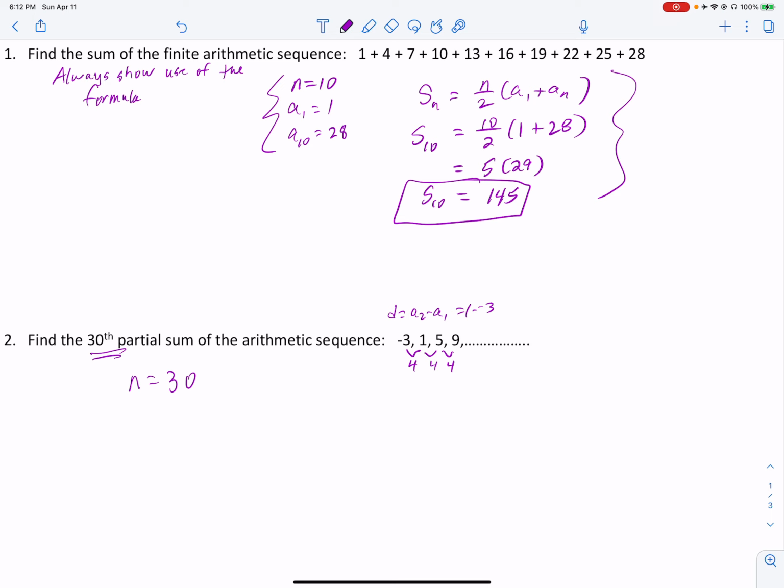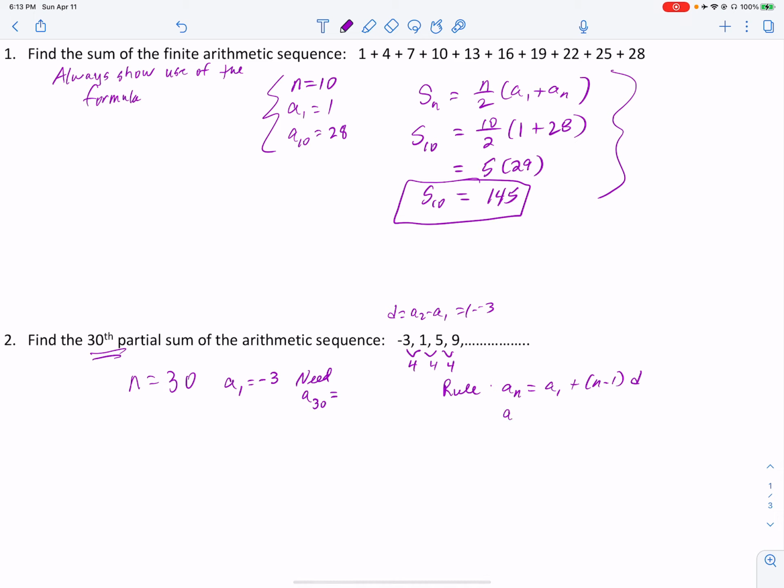I know the common difference is 4, and I know a sub 1 is negative 3, but I need the 30th term. And that means we need to use the process from the first day on 9.2. We need to get the general rule. And the rule is a sub n equals a sub 1 plus n minus 1 times the common difference.